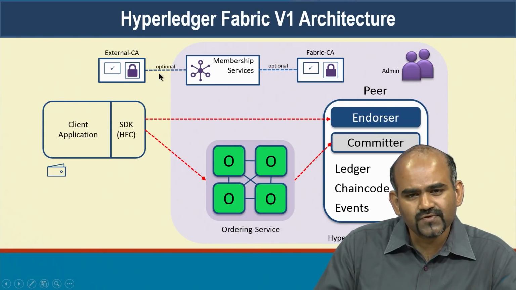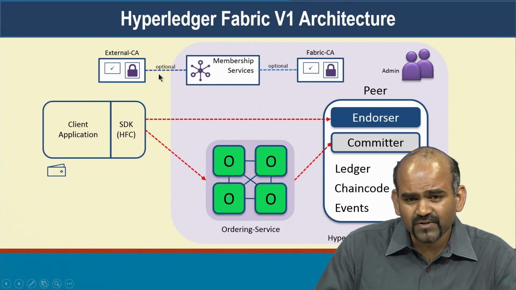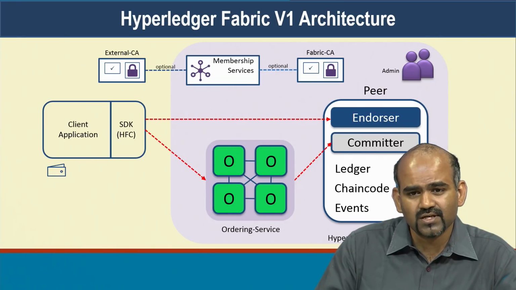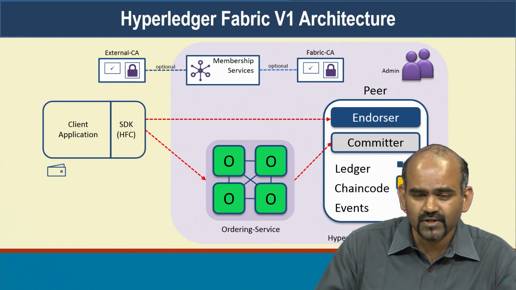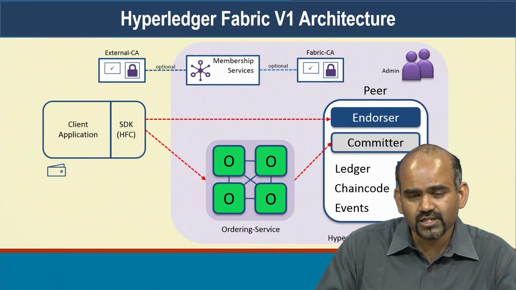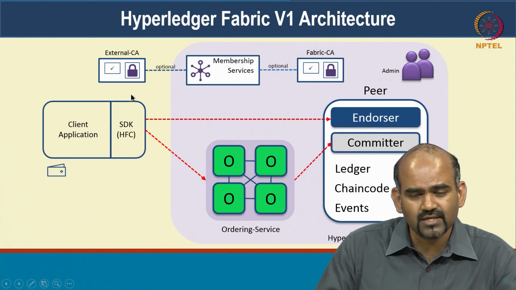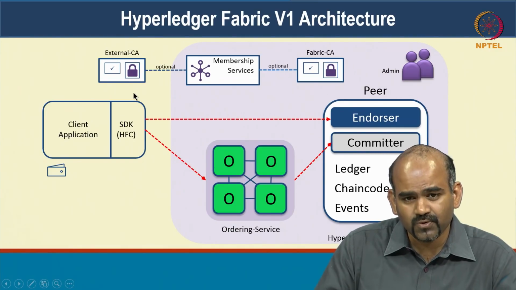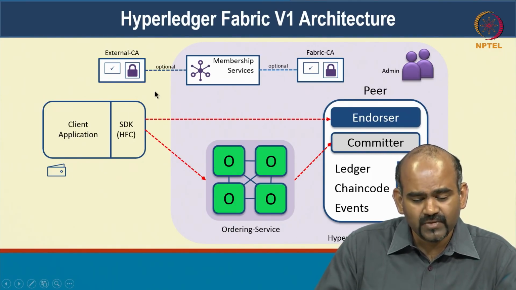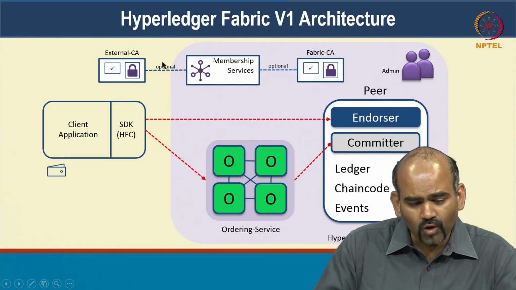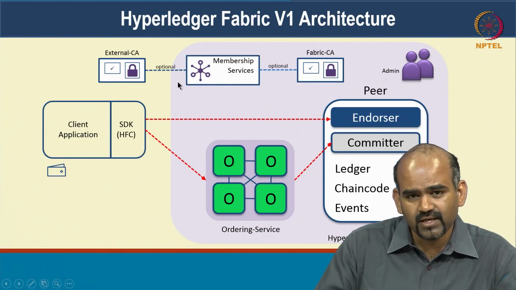And the notion of certificate authorities is nothing new, right? The internet uses certificate authorities all the time. Whenever you have any secure communication to a website, you're going to use some notion of certificates. So this certificate authority can be external. There are a large number of organizations that provide these services, and those can be used as well. And all of this relies on public key infrastructure.